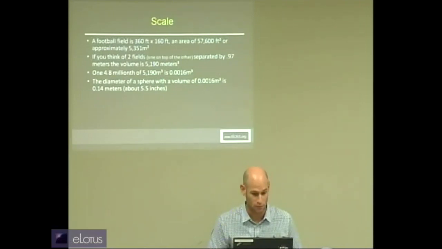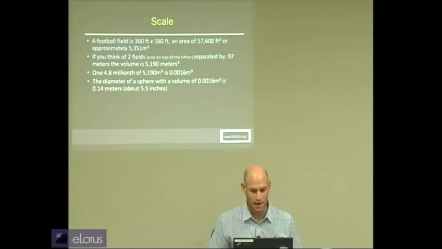5,100 square meters. So now, if you take that space and you divide it by 4.8 million, you come up to about 1.6 times 10 to the minus 3 cubic meters.